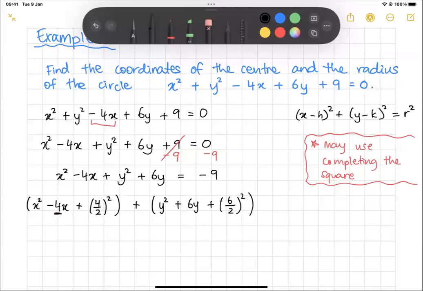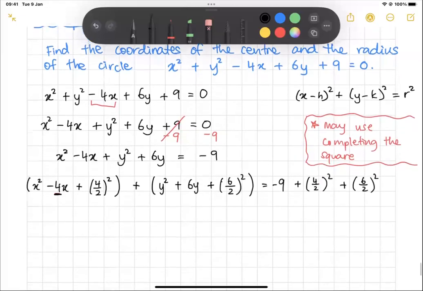I'm going to close the bracket, and it should all equal negative 9. But because this is an equation, if I add something to one side, I need to add it to the other. So I need to add 4 over 2 whole squared, as well as 6 over 2 whole squared, just like that.